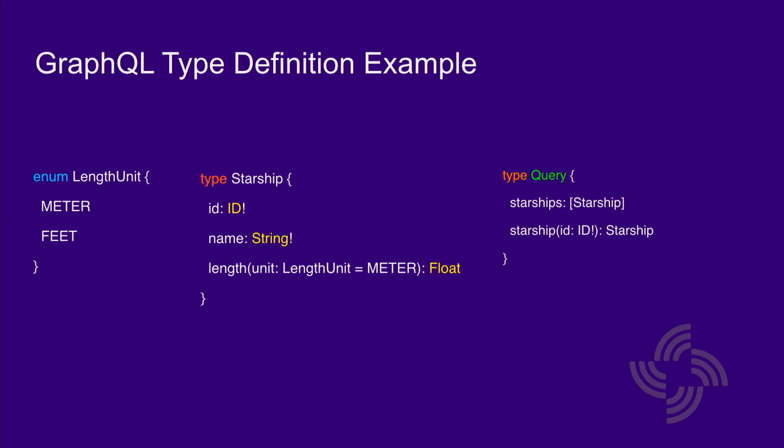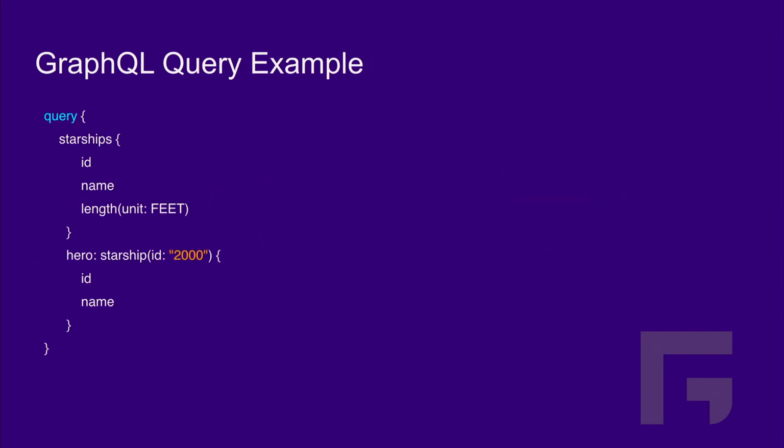Everything will have to start with starships or starship. Within starship, you can select one of its attributes. You can also have associations, so you can select other entities within that. Starships on the right returns an array, as defined by the square brackets, of starship. And the singular one, where you pass an ID, returns a singular starship.